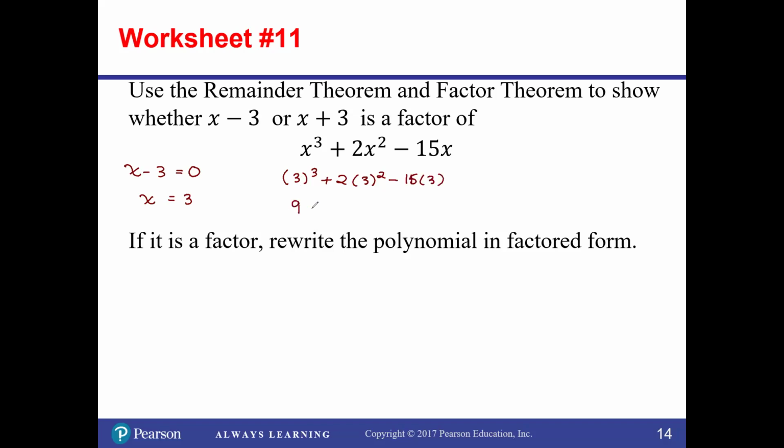So if I do that, I get 27 plus 2 times 9 minus 45. 27 plus 18 minus 45. I have to write down here just a little bit. I was trying not to. 27 plus 18 is 45, minus 45. So what we're seeing here is that this doesn't look like it's going to be a factor for us.